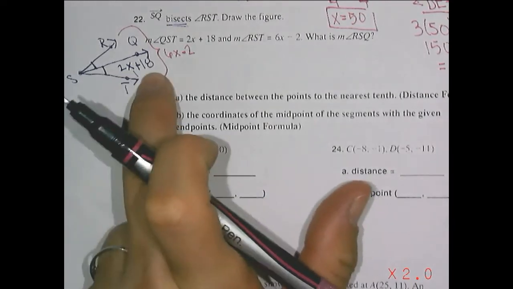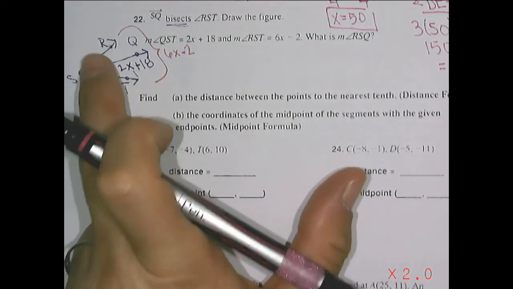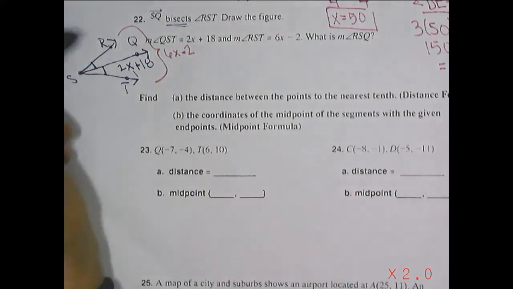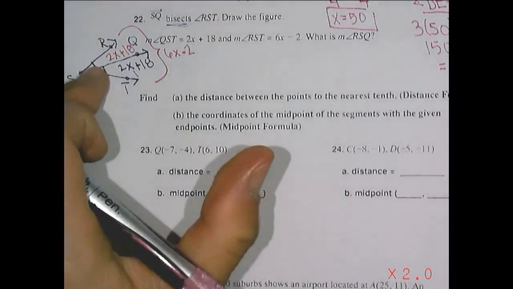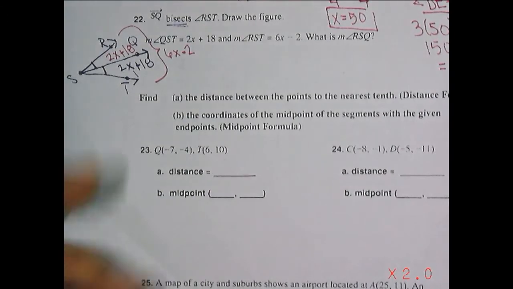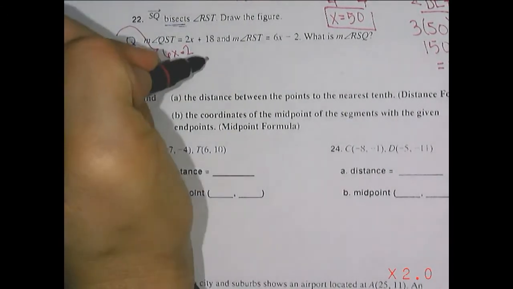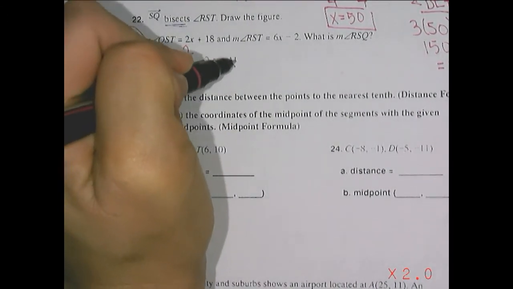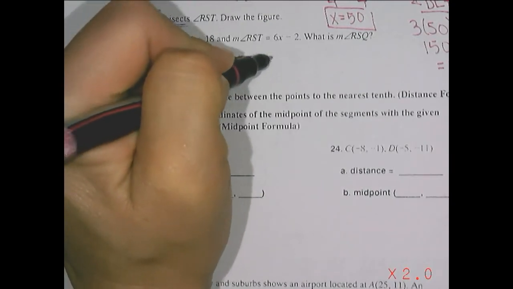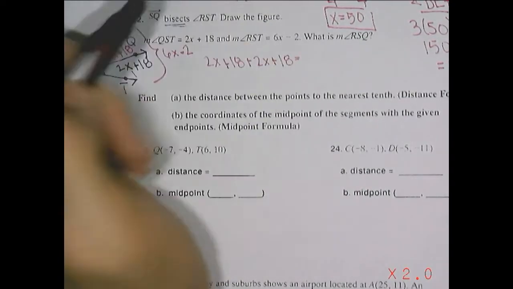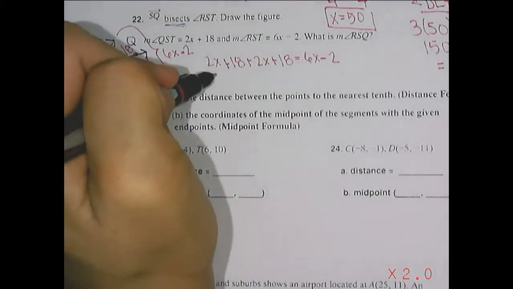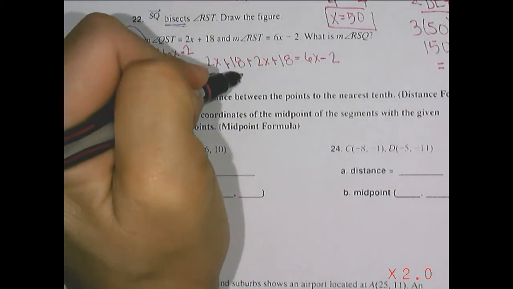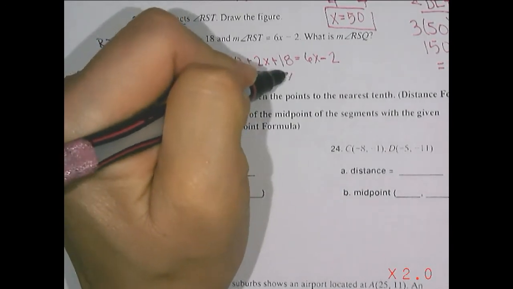When this is 2x plus 18 and we know that they're congruent, we can go ahead and do 2x plus 18 over here. They're congruent because they're bisected. So to solve this, we're going to take 2x plus 18 plus 2x plus 18 and set it equal to 6x minus 2. That would be 4x plus 36 equals 6x minus 2.